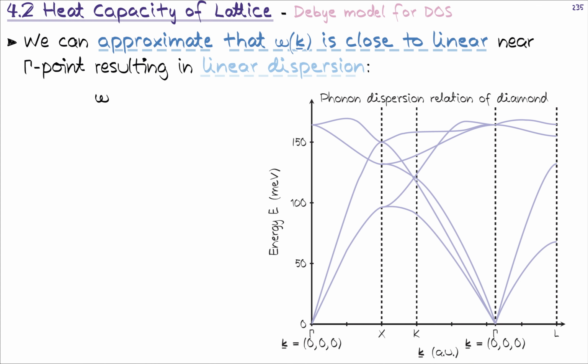That's quite nice, because then the omega versus k functional form is simple. So we just get that omega equals v times k, where v is the velocity of this phonon, so essentially the speed of sound in that material.